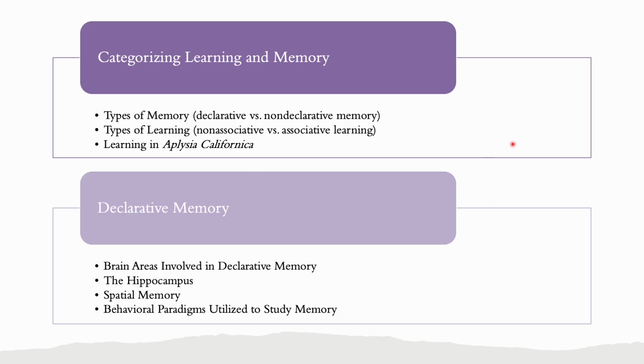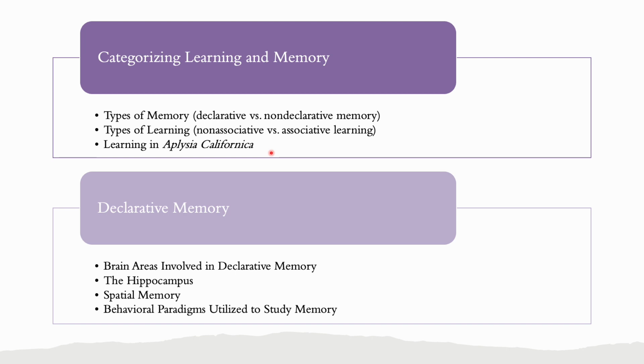Here's a brief outline of today's lecture. First, we're going to discuss categorizing learning and memory. I'm going to talk about two key subtypes of memory known as declarative and non-declarative memory. We're going to discuss two types of learning, including non-associative versus associative. We're also going to talk about learning in a very interesting species called the Aplysia californica.